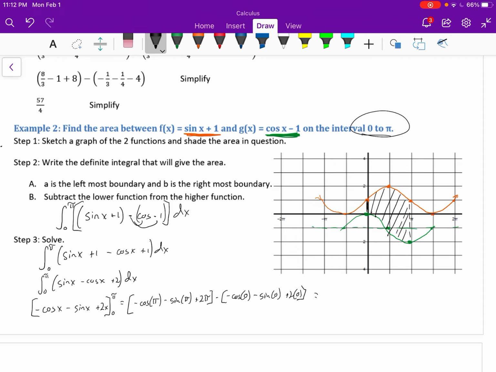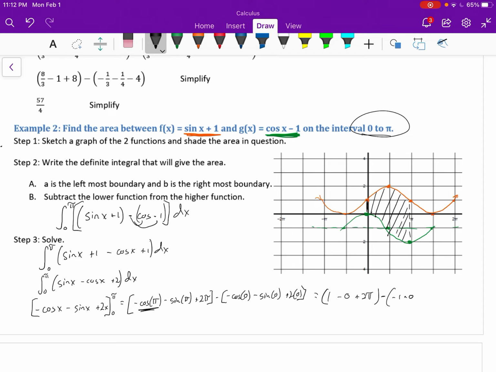And now it's just a matter of simplifying that. Cosine of pi is negative 1. So negative negative 1, that's 1. Minus sine of pi is 0, so minus 0 plus 2 pi. And then we're going to subtract. Cosine of 0 is 1, so that's negative 1.